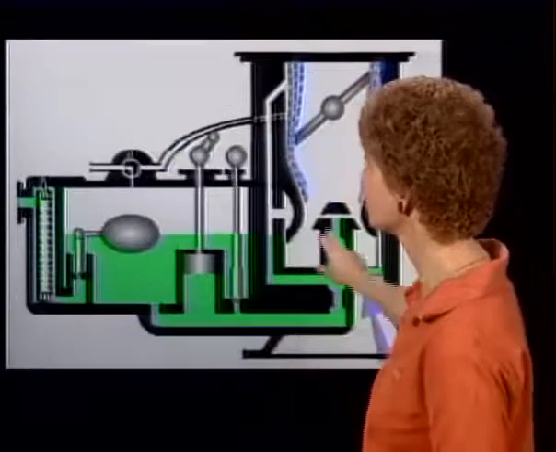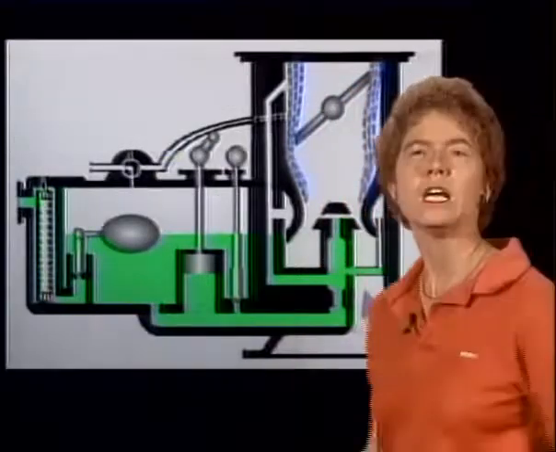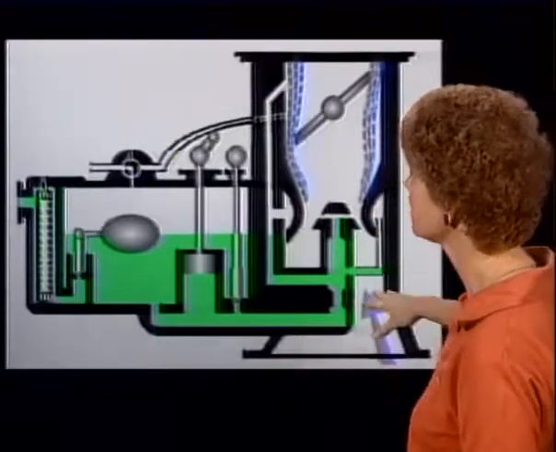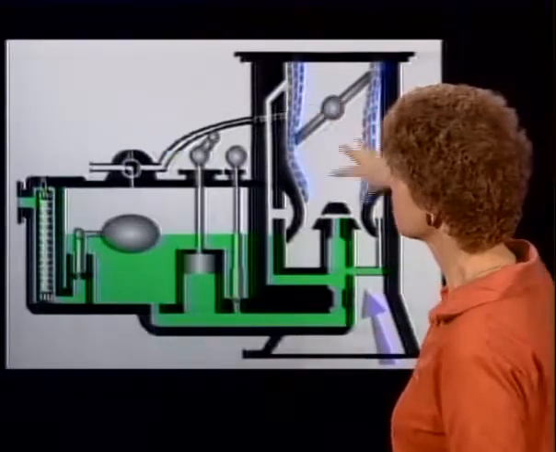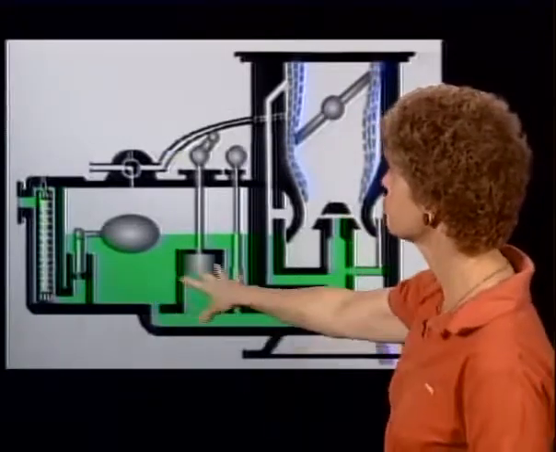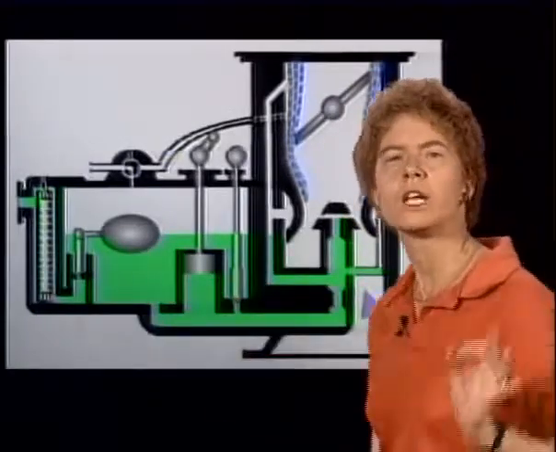We have a separate system that takes care of the fuel requirement at idling. And the fuel that's discharged by the system from the discharge nozzle here is determined by the drop in pressure in the venturi throat. Here's the venturi throat. Here's the throttle body, the throttle unit itself, the fuel discharge, the float chamber, the float, and so on.